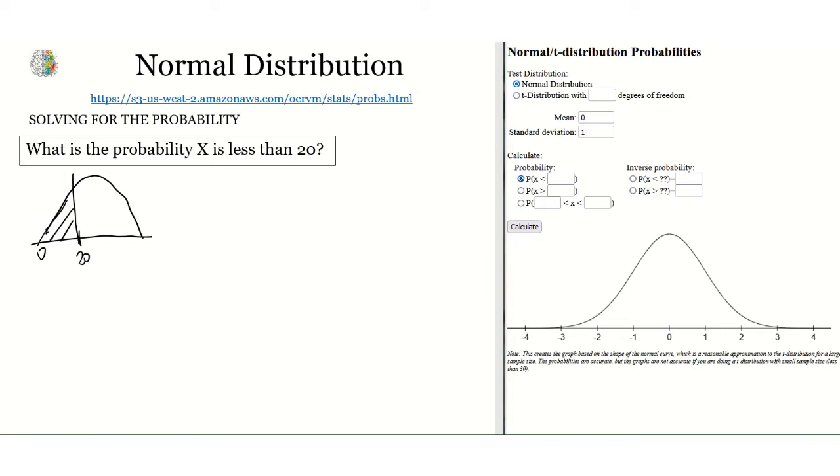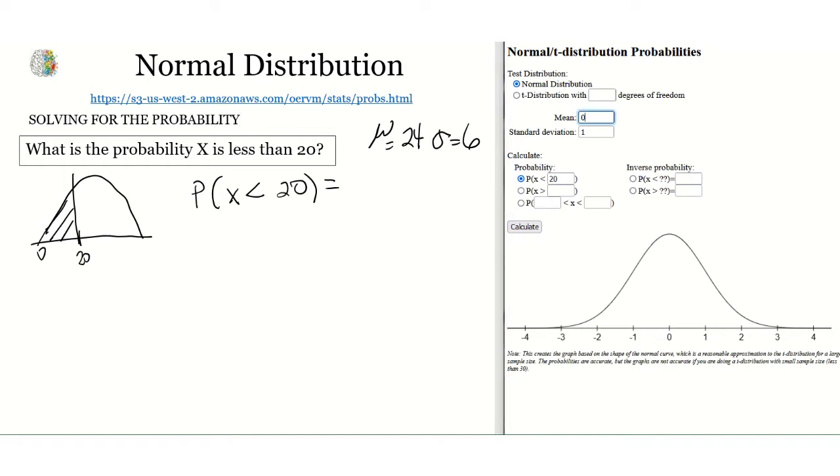So that means I'm going to use this first box. I want the probability that x is going to be less than 20. So I'm going to put 20 in my box. Let's use a mean of 24, standard deviation of 6.